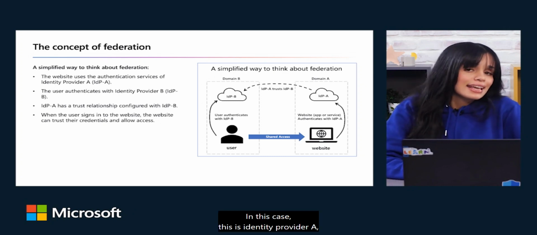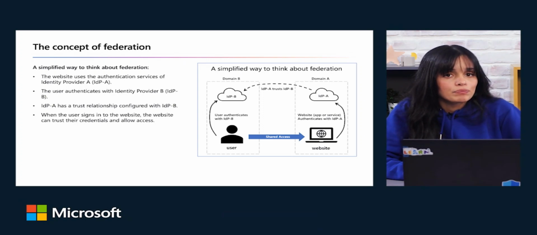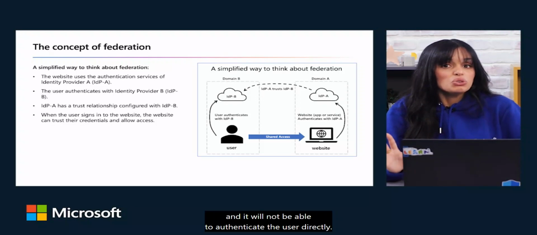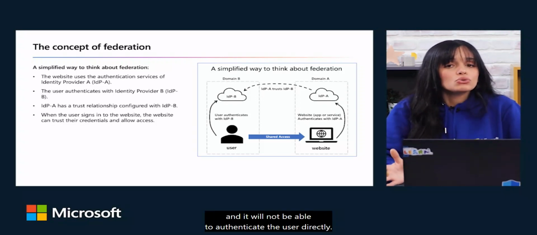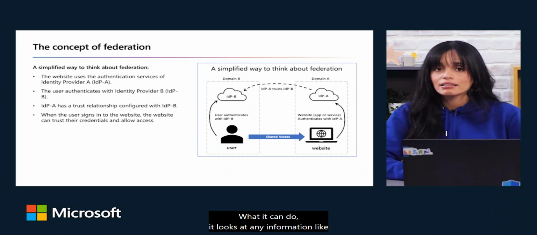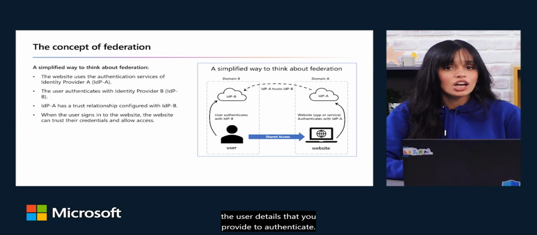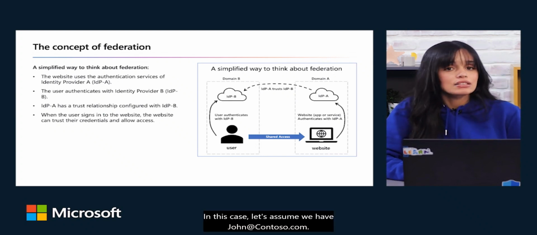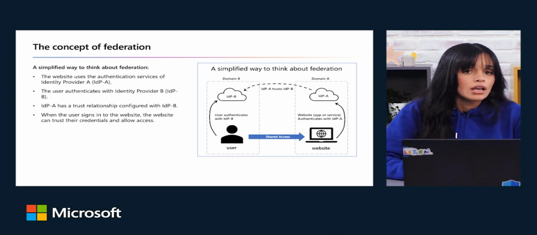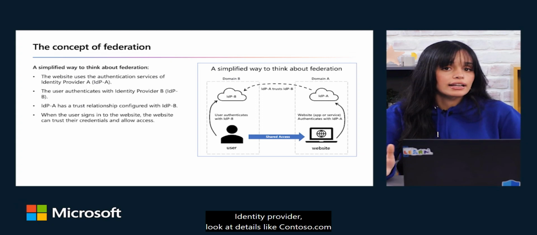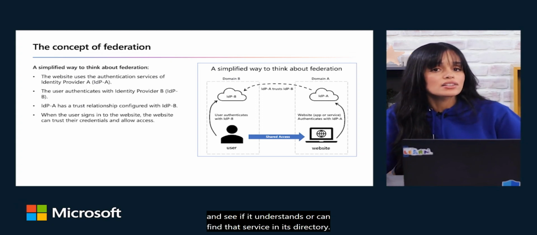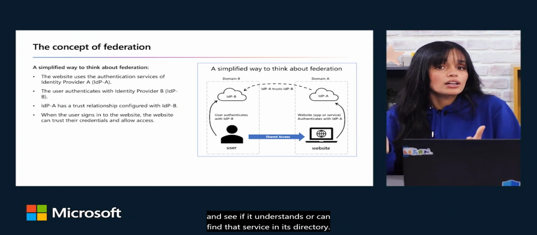In this case, this is identity provider A, which may not have any details about that particular user, and it will not be able to authenticate the user directly. What it can do is look at information like the user details that you provide to authenticate. In this case, let's assume we have john@contoso.com. The identity provider looks at details like contoso.com and sees if it understands or can find that service in its directory.